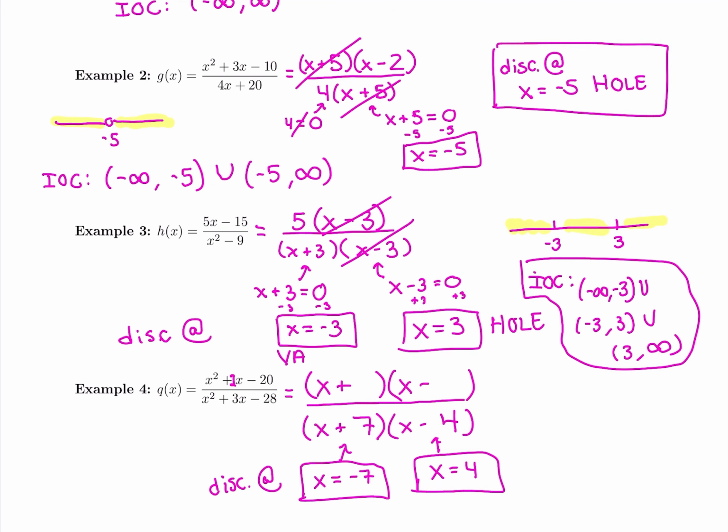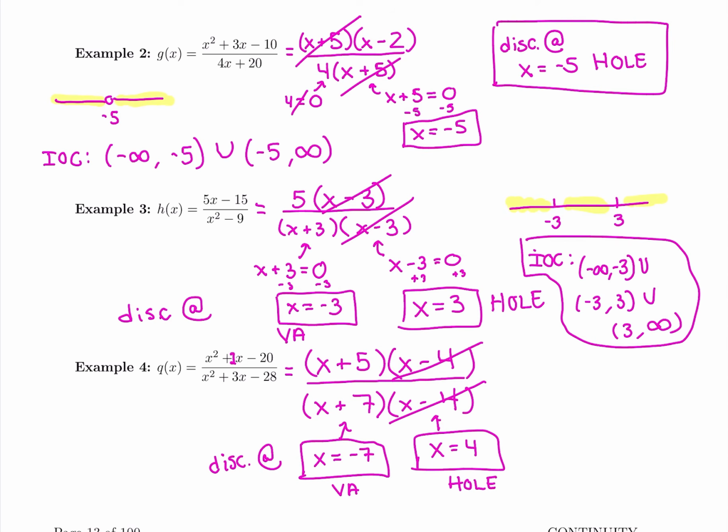Since I want to add up to be a positive 1, the bigger number must be the positive number. So 5 minus 4 is 1, and 5 times negative 4 is negative 20. Does anything cancel? Yep, the x minus 4 does. So that 4 is a hole. And then the x plus 7 stays, cannot cancel, so it's a vertical asymptote.